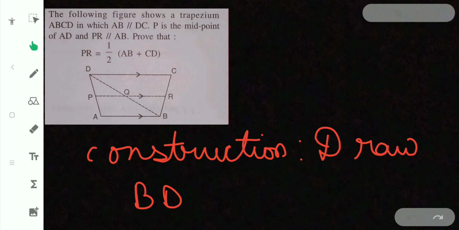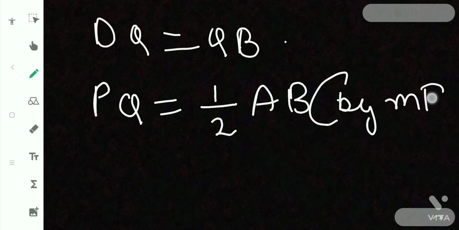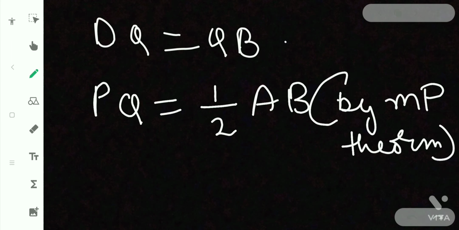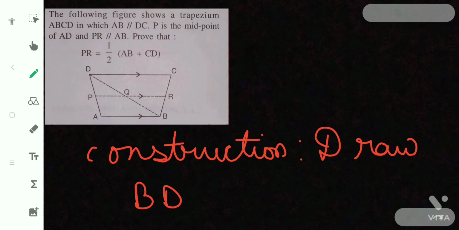So that is the main important thing. What we want is PQ is parallel to AB as well as equal to half of AB. PQ is equal to half of AB. That is, in bracket you can write by midpoint theorem. Okay, now we got this one.